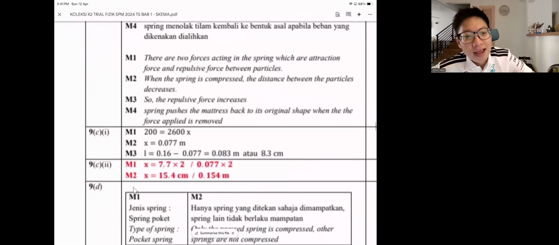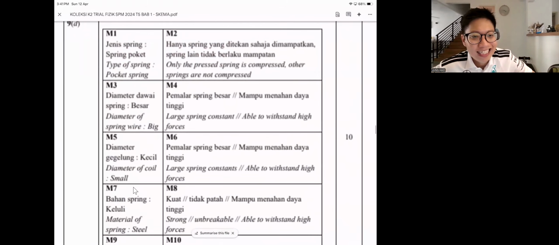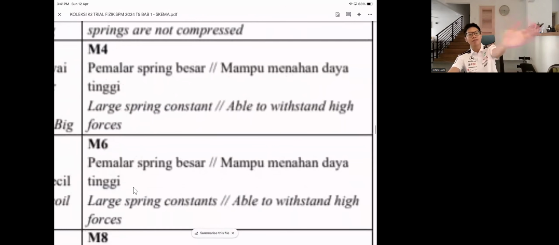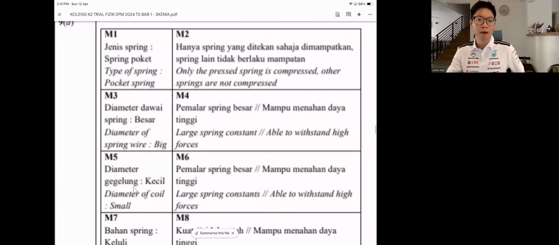It was the same exact question. Okay, our module Pintas. So you will see that the answers are exactly the same. You see, larger spring constant is able to withstand larger load. You see, the answer for M4 and M6 is the same one. Are we allowed to write the same? Yes.